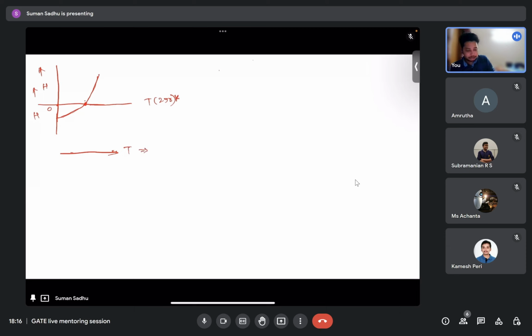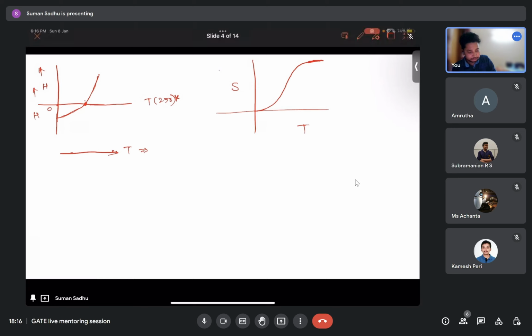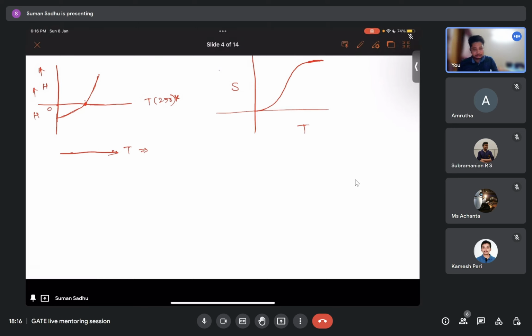And what will be the shape of S versus temperature? At absolute zero it is zero, and then it increases, and after some temperature it saturates. So you will get an S kind of shape in case of entropy versus temperature, and this is enthalpy versus temperature. Is it clear?